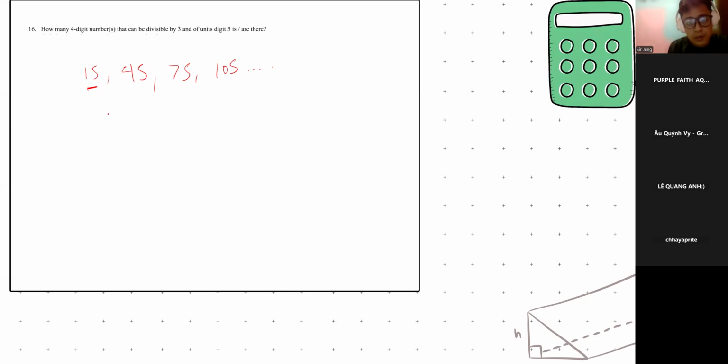Now, we need to get the largest number that is divisible by 15, has a units digit of 5, and is also a 4-digit number. So what is that number? 9999 divided by 15 is equal to 666.6666, right? So we multiply 666 by 15 and check if that is a number that has a units digit of 5.